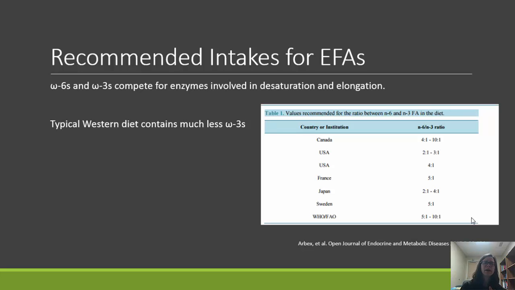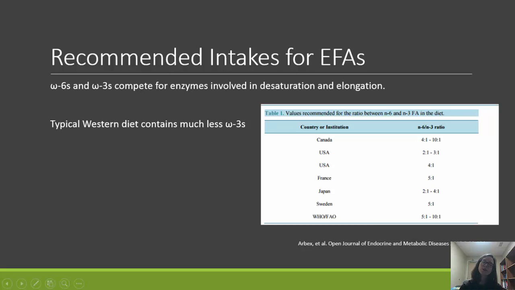Now, in the typical Western diet, we consume way less omega-3s than omega-6s. So the ratios that I typically have seen in the literature range from 10 to 1 to 25 to 1 omega-6s to omega-3s. And you can see that's way above what our recommendations are here.